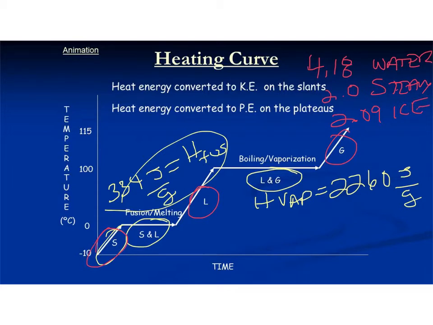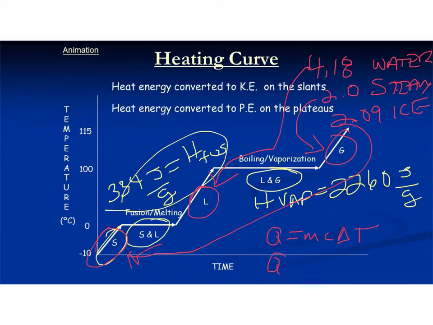So you will have to know that for each one of these, you're going to have to use the correct value for the equation when you put it in here. Remember, for the slant, it's going to be Q equals MC delta T, and for the other parts, the plateaus, it's going to be Q equals H times the mass. And H will be either the H vaporization or H fusion.